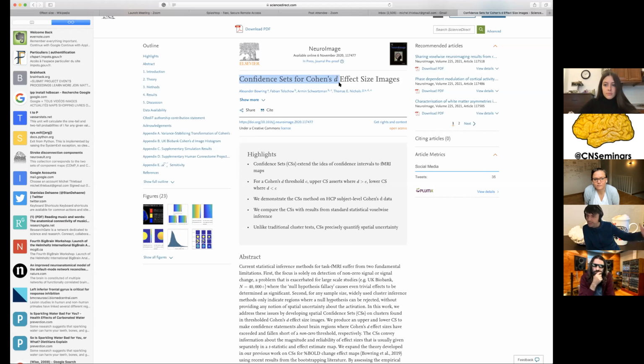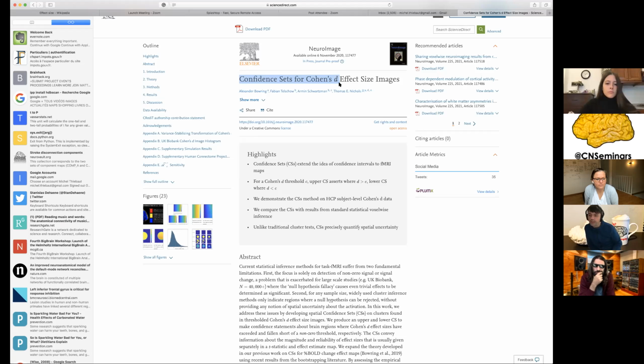The more tests you do, the more you have to correct your p-value, because if you do 1 million tests, you're going to find something significant just by chance, and you need to correct for that. So in fMRI, researchers kind of tweak the thing.